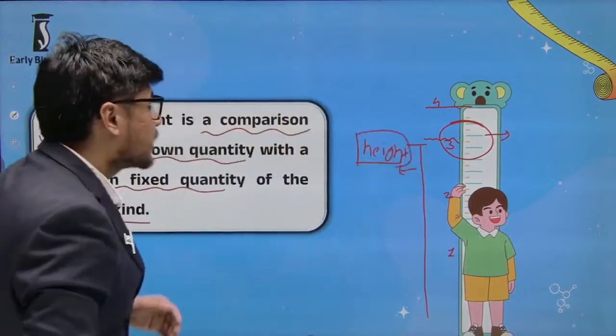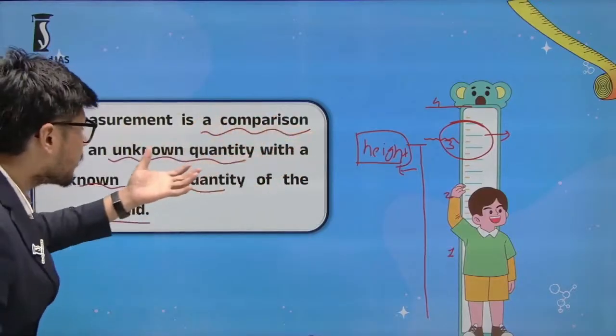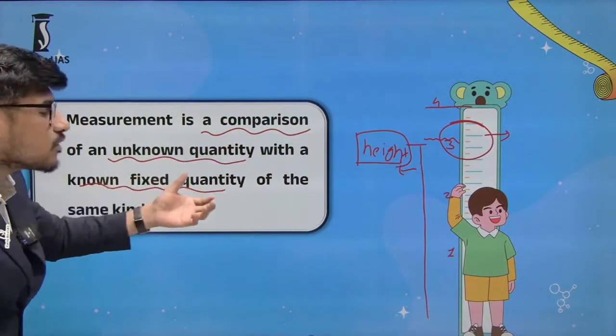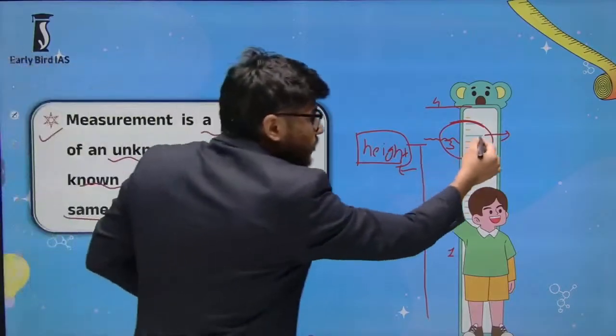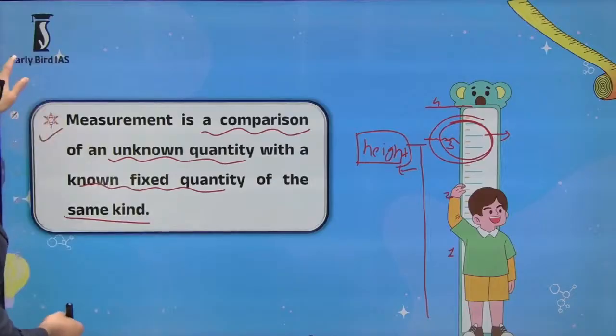That's called measurement. Measurement is a comparison of the known quantity with the unknown quantity. Okay? So that's called measurement. It's a very simple thing.